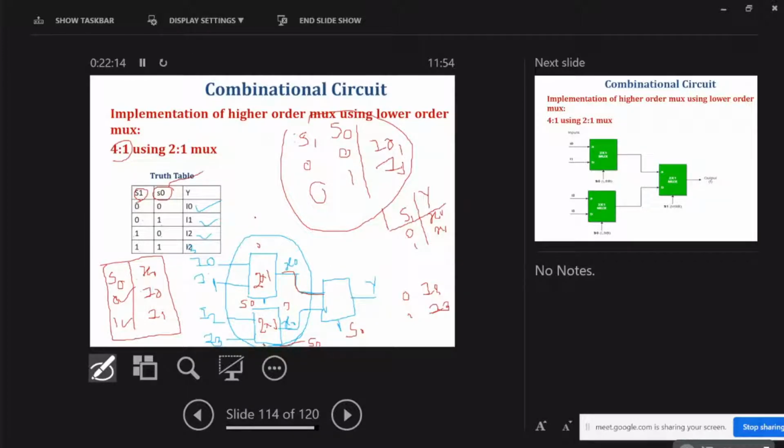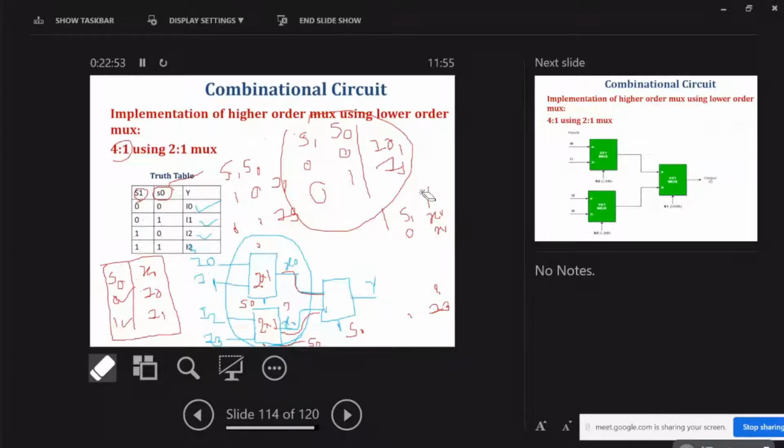For x1, the lower mux of the first level is selected when s1 is 1. Then either i2 or i3 is selected, depending on s0. So this is the complete implementation of a 4 cross 1 mux using 2 cross 1 muxes.